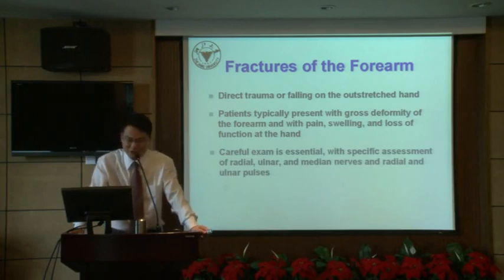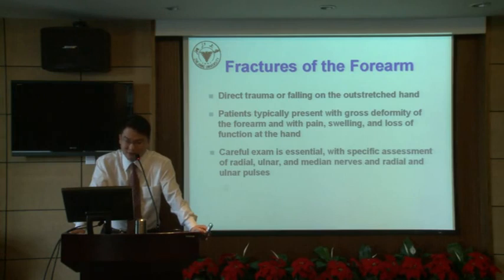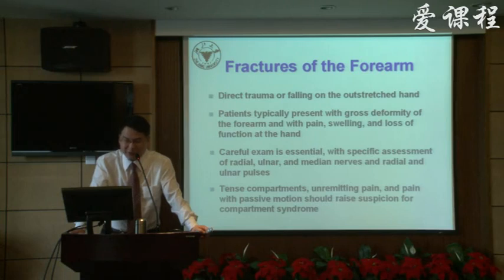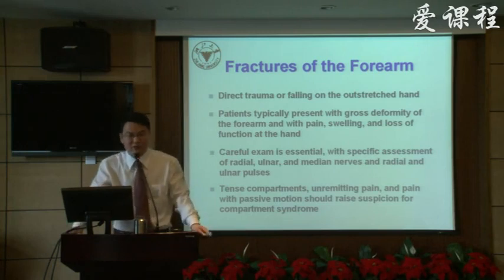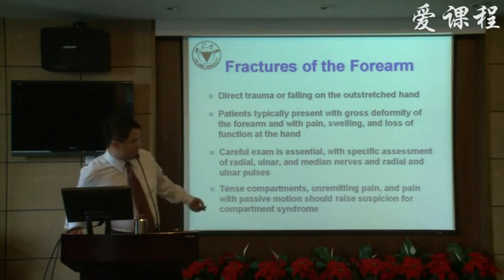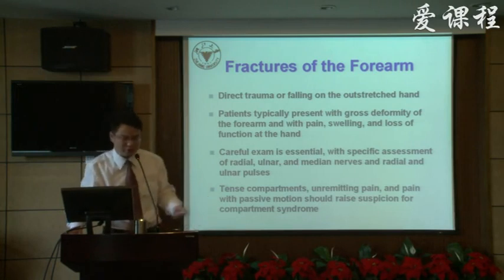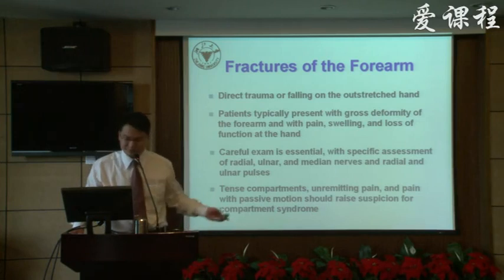Careful physical examination is essential, with specific assessment of the radial, ulnar, and median nerves and radial and ulnar pulses. Tense compartments, unremitting pain, and pain with passive motion should raise suspicion for compartment syndrome. As you may know, the forearm is one of the most common places to have compartment syndrome, which is a serious complication resulting from fractures.